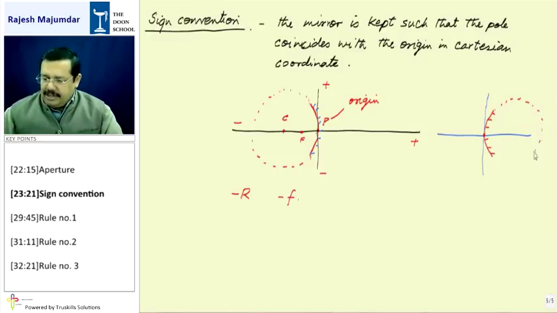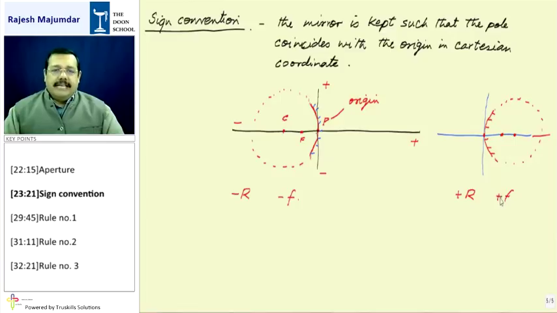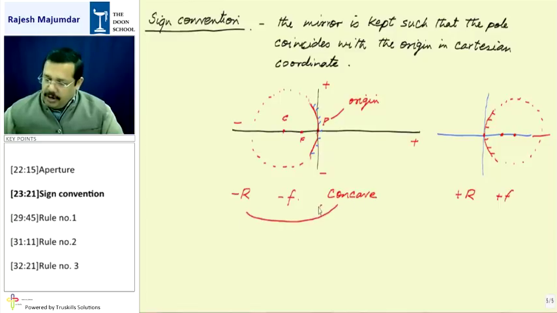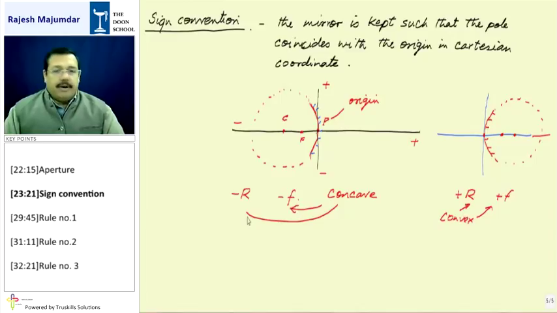The center of curvature will be somewhere here. The focal length or the focus will be here. So R is positive and F is also positive. This is the sign. For concave, both are negative. For convex, both are positive. Remember this. This is extremely important.